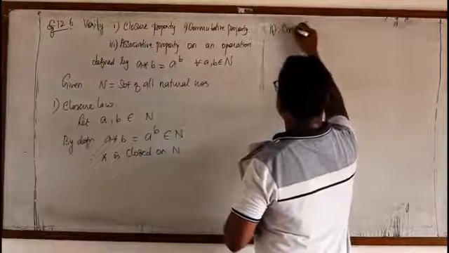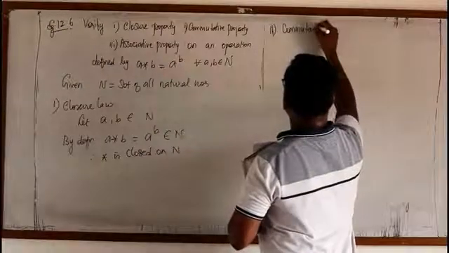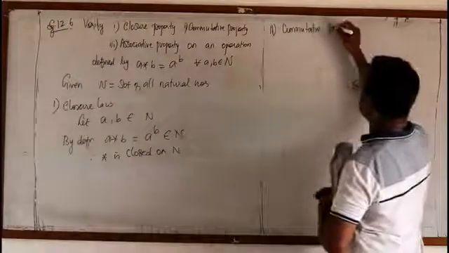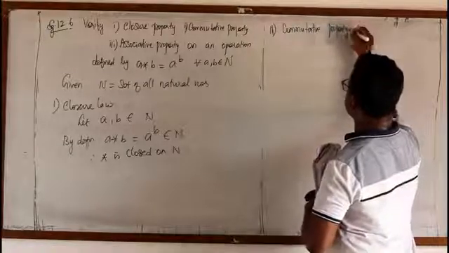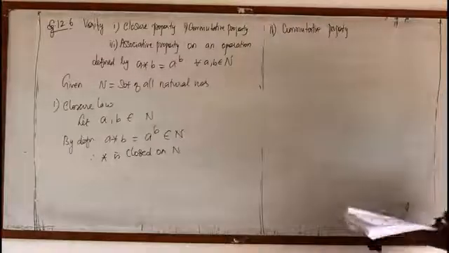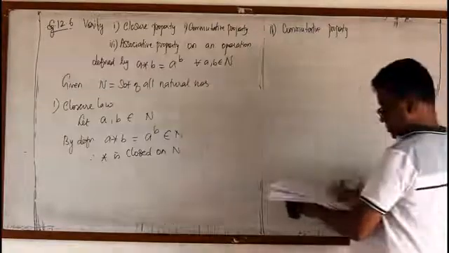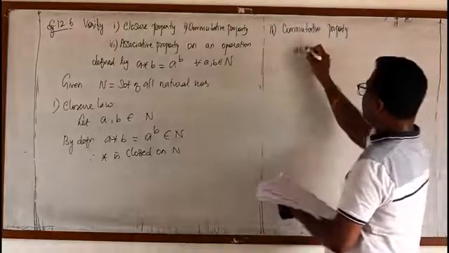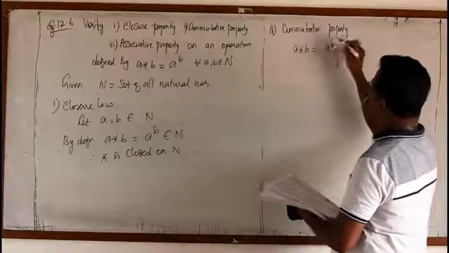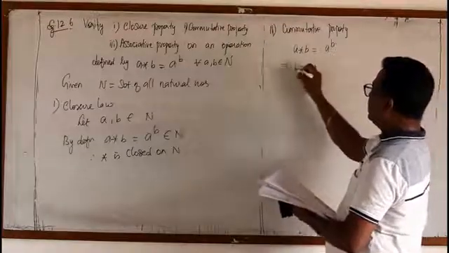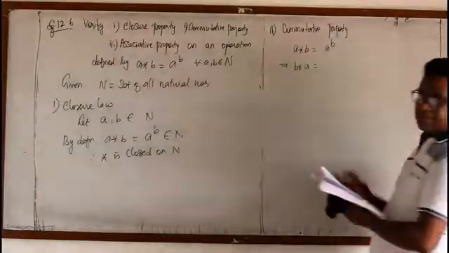Now, commutative property. A star B means A power B. Then what will be B star A?